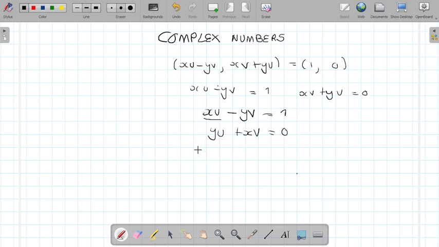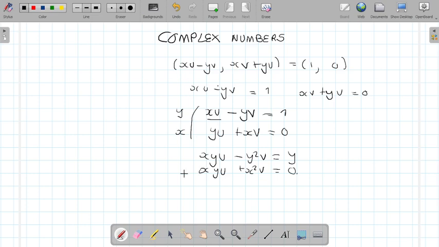So by elimination, I have to multiply the top part by y, and this one by x. So we're going to have xy u minus y squared v is equal to y. And then here we'll have xy u plus x squared v is equal to 0.